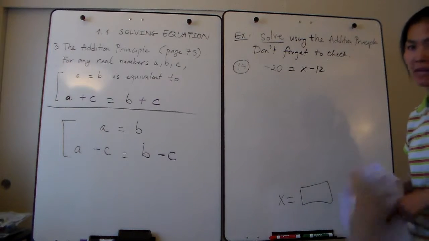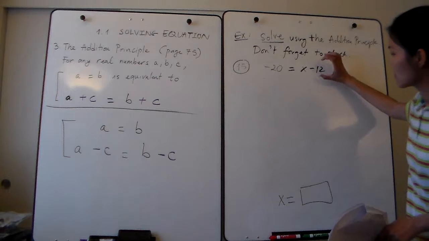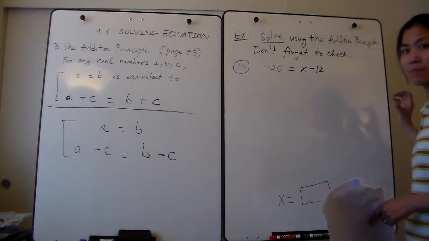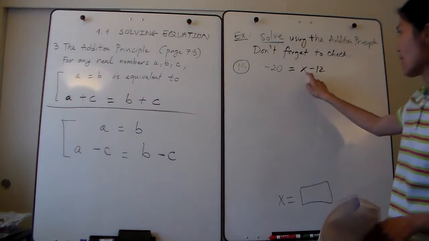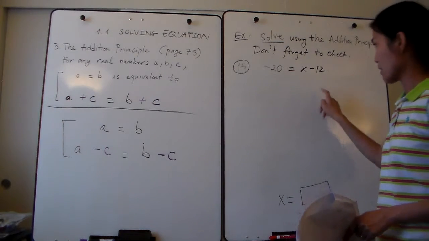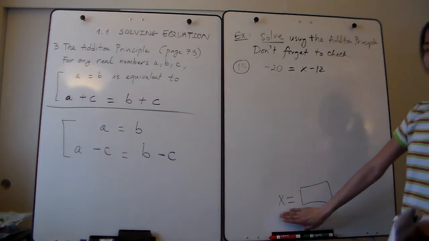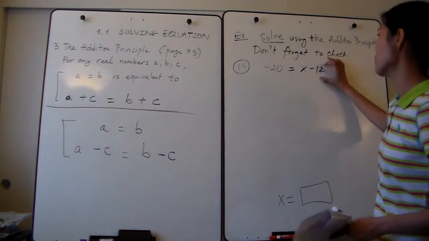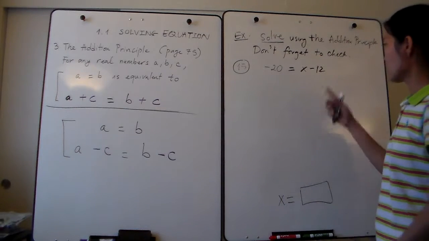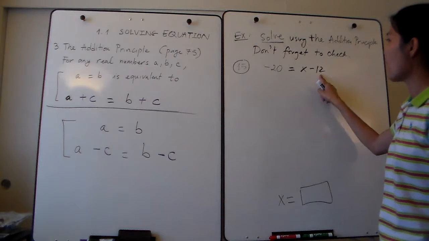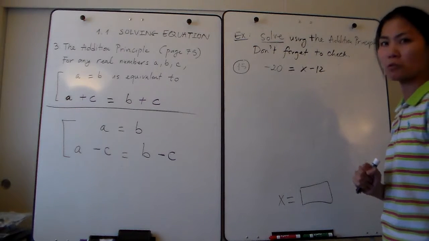When I say remove here, meaning you will take this value, add to another value, and the sum is 0. Because x minus 0 is x, or x plus 0 is x, which is what we're trying to get right here, only one x. So we try to remove this term right here. Think about this. We have negative 12, so negative 12 plus what equal to 0?